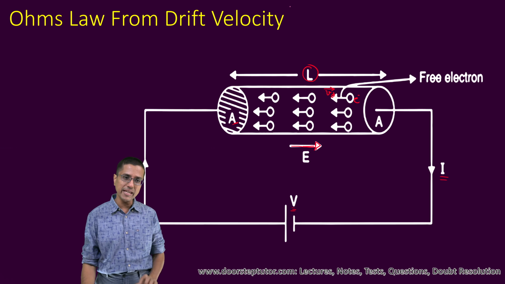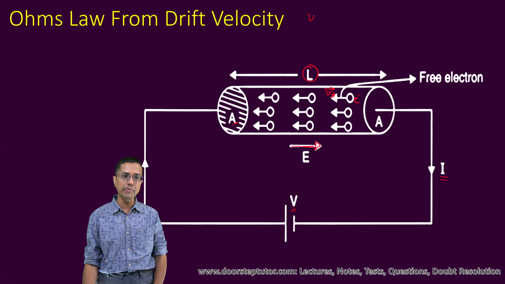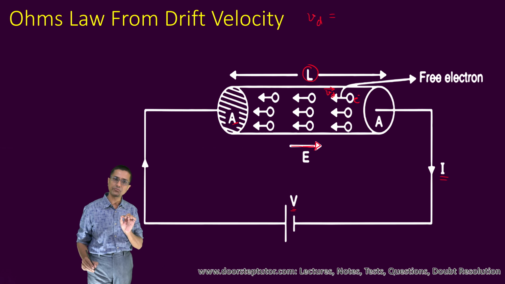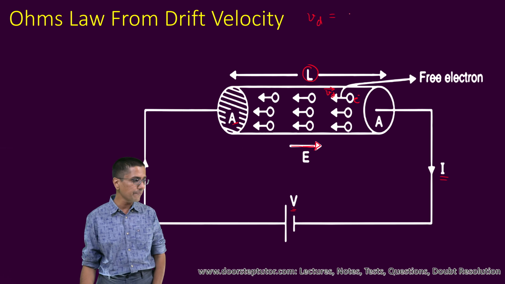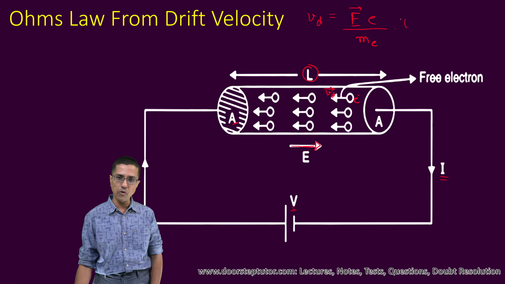Now, these are formulas which we have already derived, but we would be using them here. The first is the formula for Vd, and we have already derived this on this channel, so look at the video that we have used before. Vd is equal to E by Me multiplied by tau, the relaxation time, where E is the electric field.